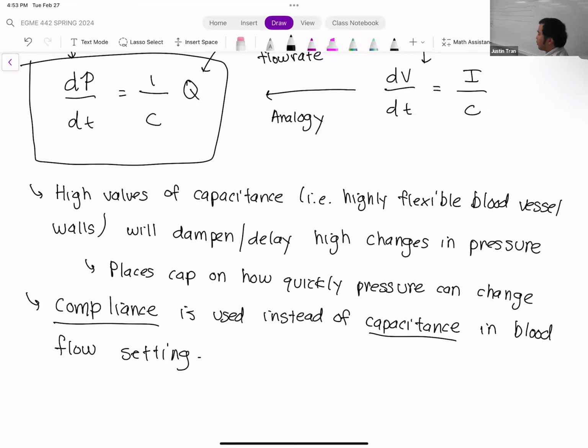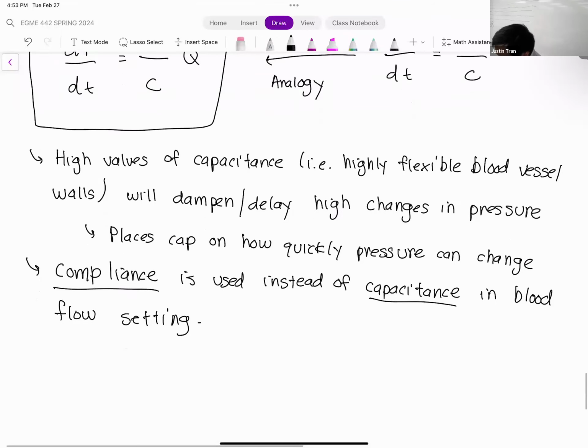So sometimes you'll hear me use the word compliance, and when I say compliance, that's just the same thing as capacitance. Just an FYI. So that's compliance or capacitance.